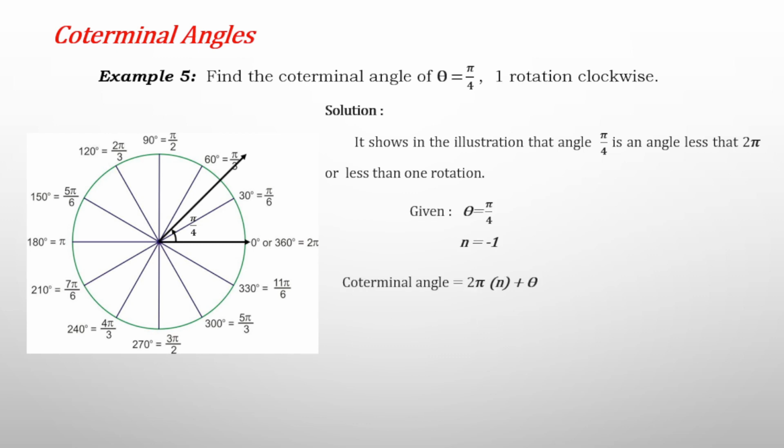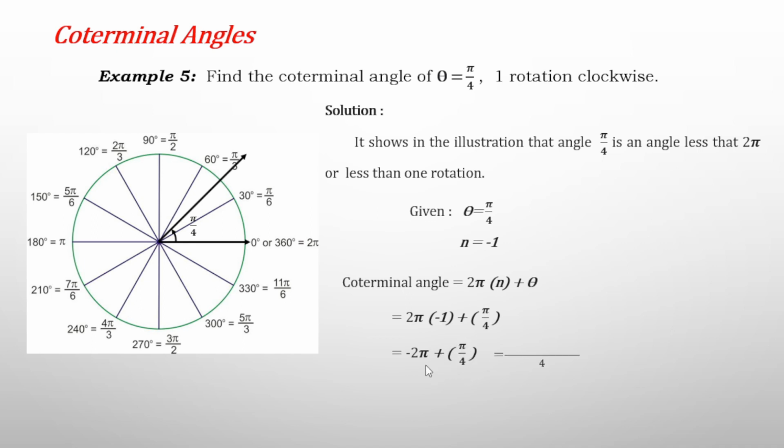So our formula in finding the coterminal angle is 2 pi times n plus the theta. So substituting the value of our n, negative 1, and our theta, pi over 4. Multiplying negative 1 times 2 pi, that is negative 2 pi plus pi over 4.